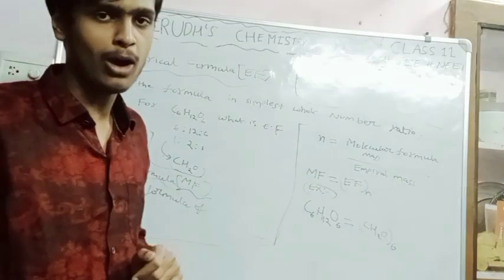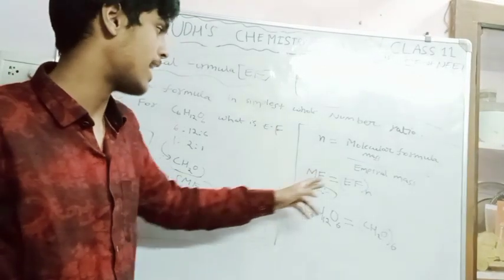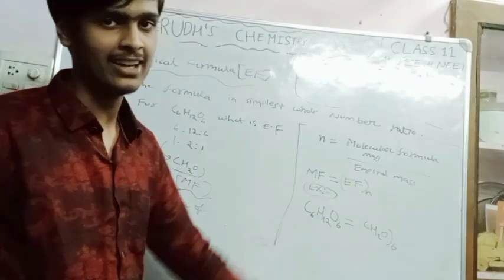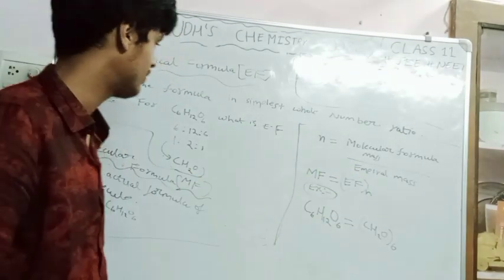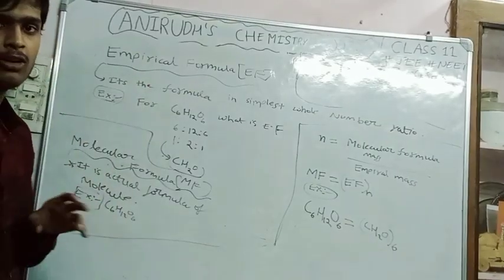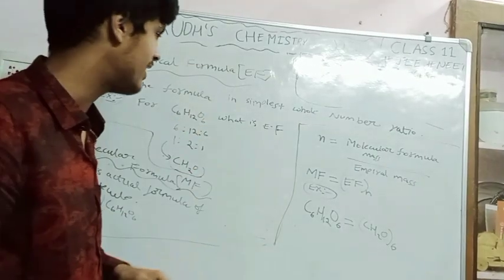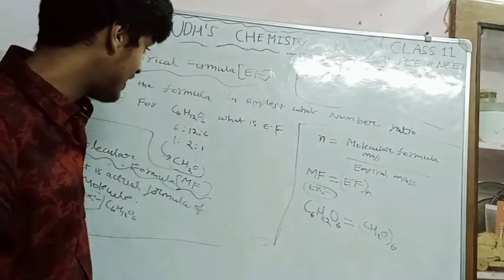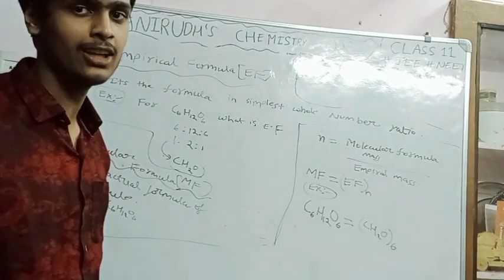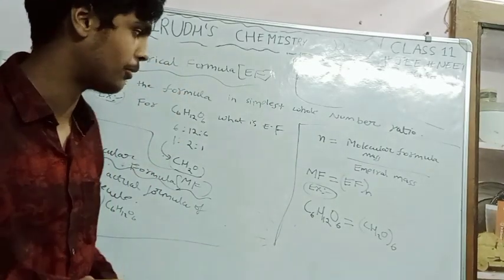Okay, suppose you have some molecular formula. You can write it as the empirical formula taken n times. Molecular formula is equal to empirical formula taken n times. I am taking the same example so you can easily understand. If I take 3-4 examples, you will be confused. For understanding this, it's a difficult thing, since you came recently from 10th grade.